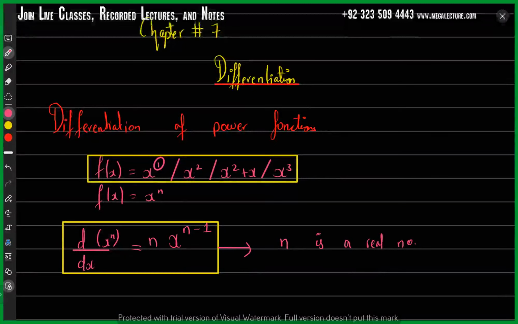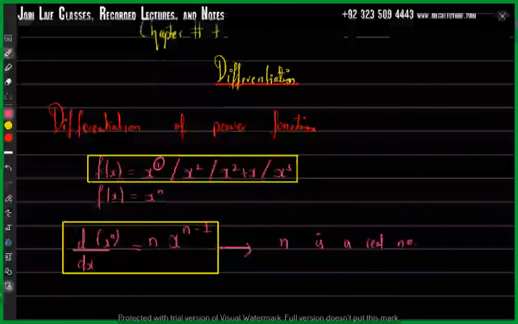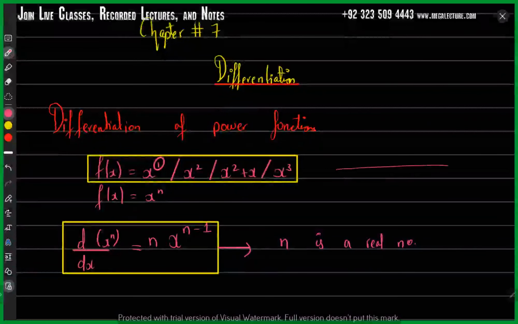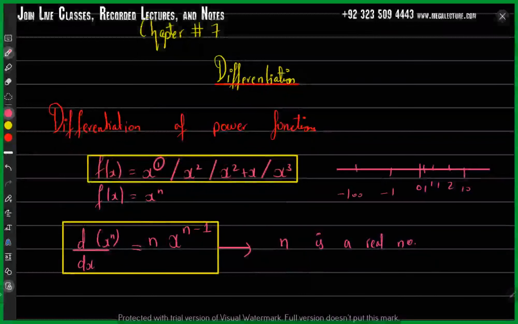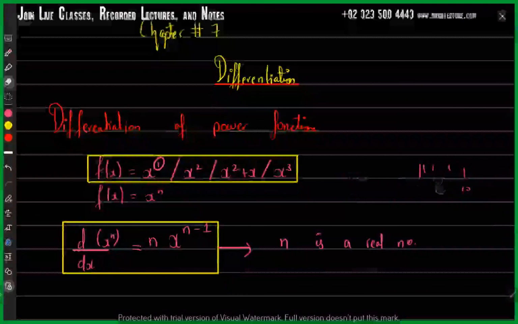It could be a positive number, it could be a negative number, it could be a decimal number, it could be a fraction number. Whatever number you have on your number line, we have 0, we have 1, we have 1.1, we have 2, we have 10, we have -1, we have -100. Whatever number you have on your number line, that is basically a real number. So n could be any number, and you would get to understand this concept within a few examples.